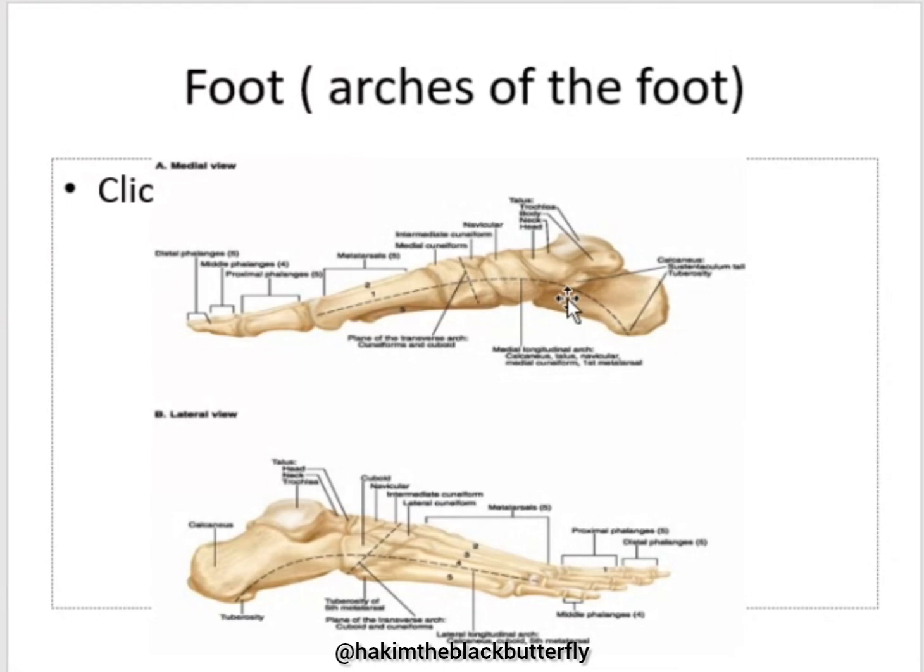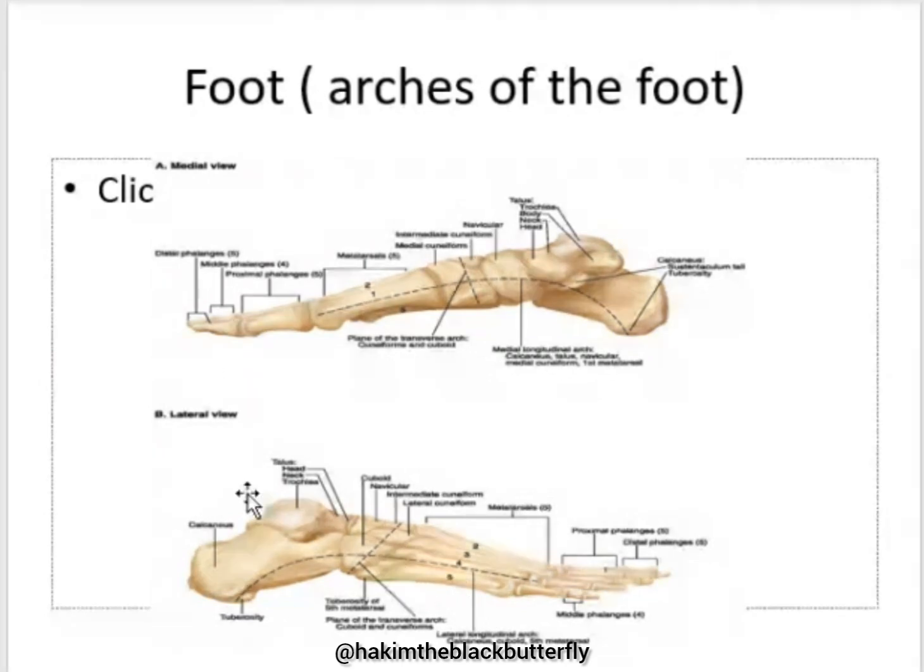And the joints of the lateral longitudinal arch will have the subtalar joint still, the calcaneocuboidal joint between the calcaneum and the cuboid. Then we have this joint between the cuboid and the cuneiform bone, and then we have another joint between the cuneiform bone and the metatarsal, the metatarsal cuneiform joints.